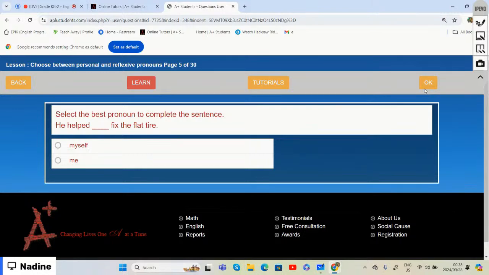I literally want everybody to know what reflexive pronouns are before we finish the lesson. Okay. So as long as everybody understands what reflexive pronouns are, we're going to continue.